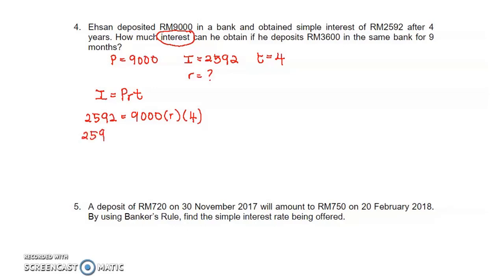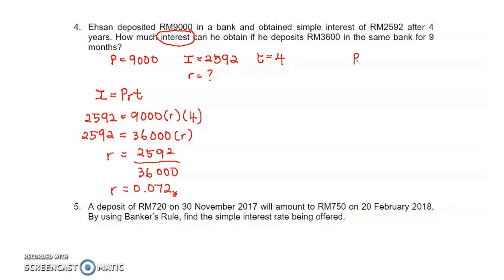So 2,592 equal to 9,000 times 4, which is 36,000 R. So R equal to 2,592 divided by 36,000. So R is 0.072.